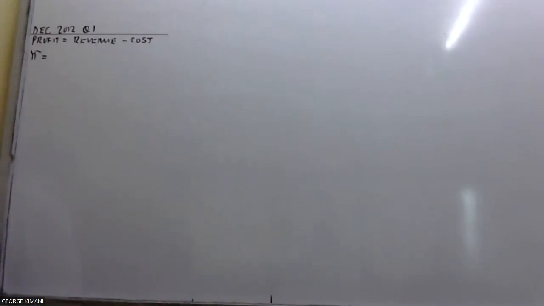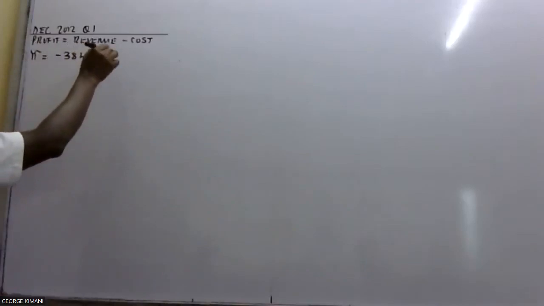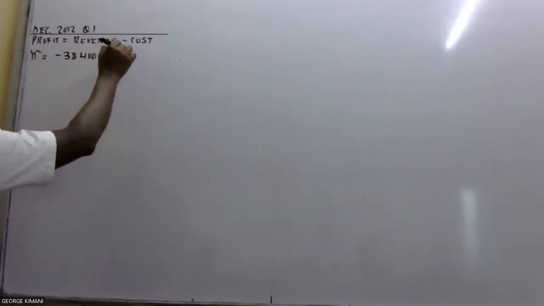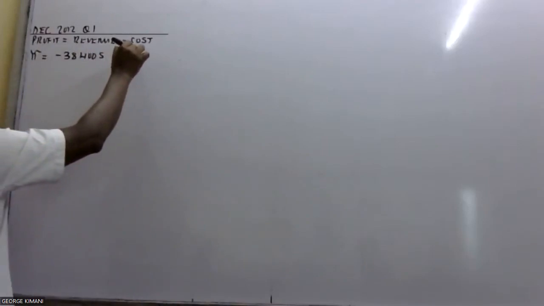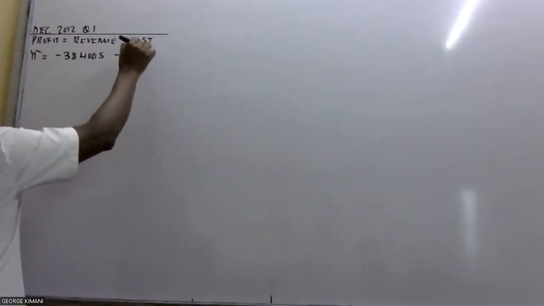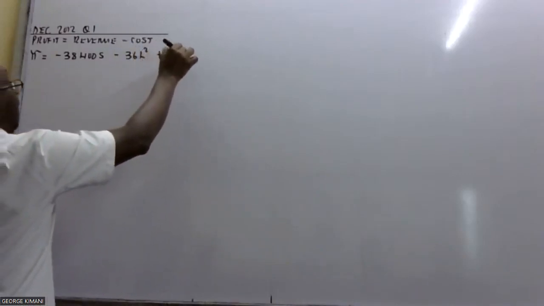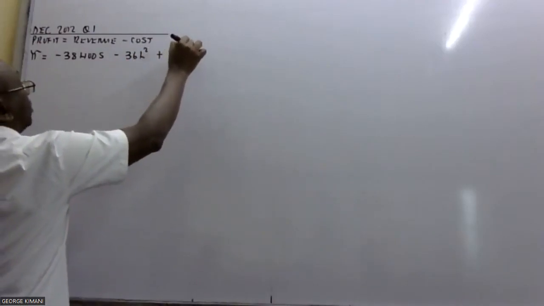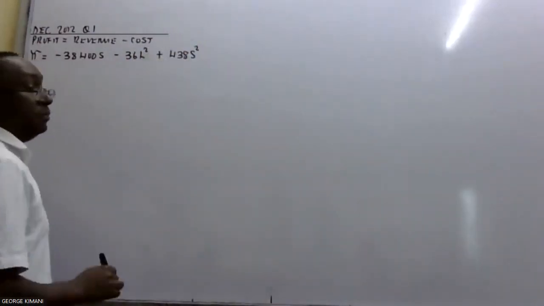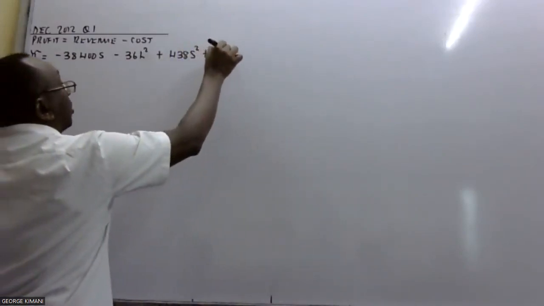Read out the function for revenue. 38,400 S minus 36 S L squared plus 438 S squared plus 2 million.